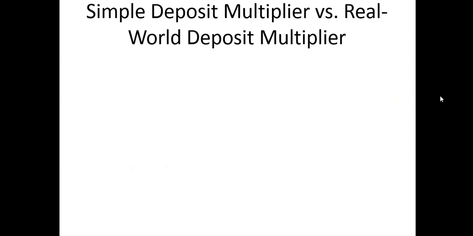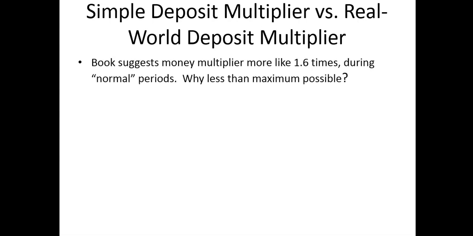But in the real world, right, it is nowhere near that theoretical maximum. And in fact, in the last couple of decades, it has shrunk to be much, much smaller than that. Now the book, from whatever year this was, 2018, I believe, basically says money multiplier in quote unquote normal times is 1.6, right?